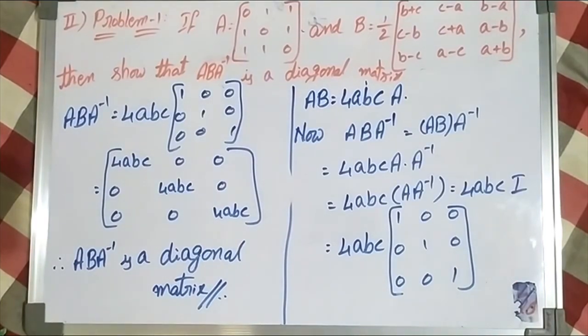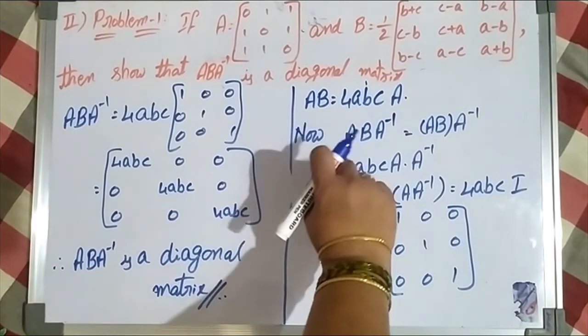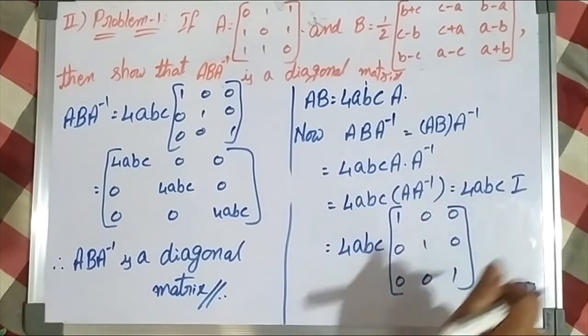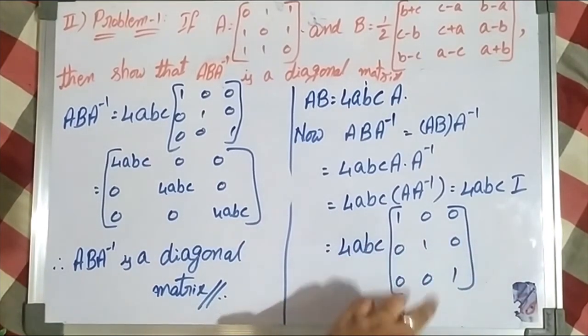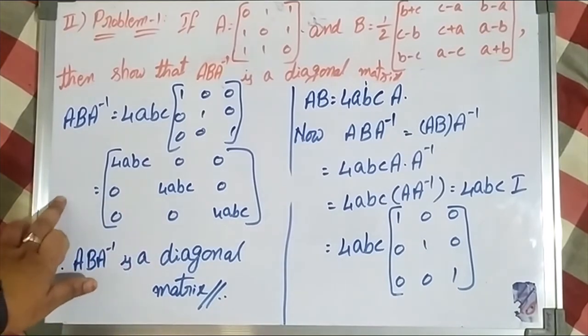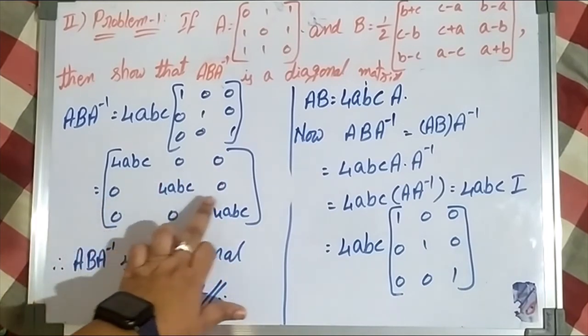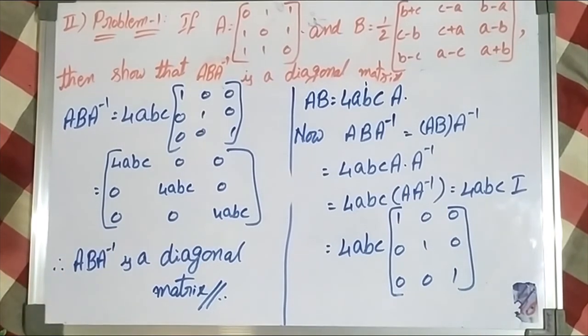First we take AB into A inverse and substitute the AB value, 4ABC into A. Here A into A inverse is nothing but I, which is 1 0 0, 0 1 0, 0 0 1. By multiplying the 4ABC scalar with each element in the matrix, AB into A inverse equals 4ABC 0 0, 0 4ABC 0, 0 0 4ABC. We know that this is a diagonal matrix. This is the solution of this second section, first problem.